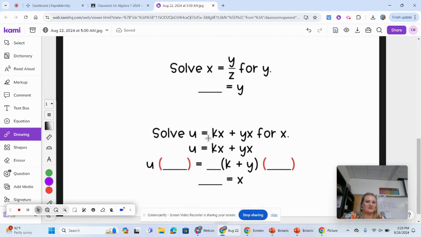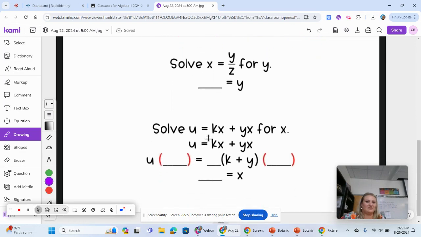All right, we're going to try a couple more. So the next one says solve x equals y divided by z, and you're going to solve for y. So that means you want to get y by itself. So I'm going to circle the variable I want to get by itself, and then I have to see what's happening to it.